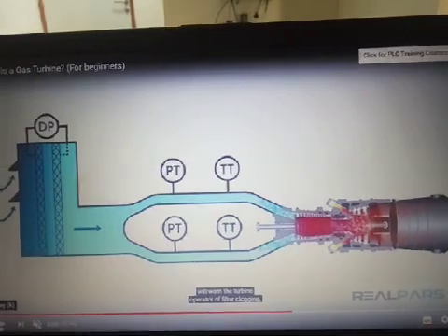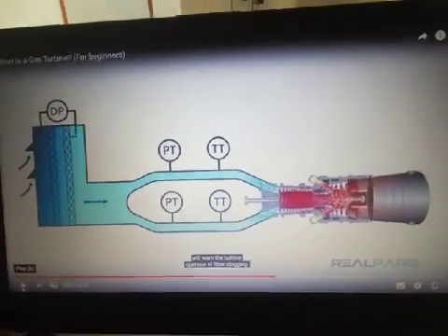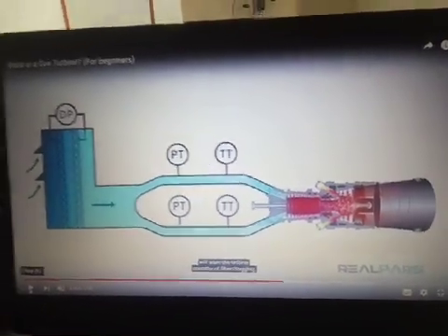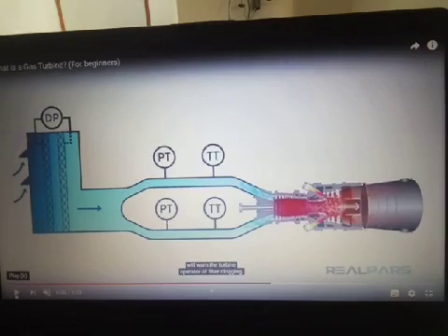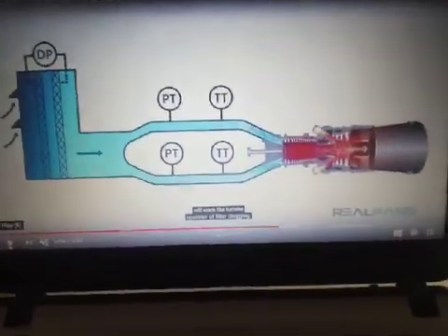So that is how electricity is generated through a gas turbine, for beginners, through various kinds of equipment. Here we can find the basic information regarding this.